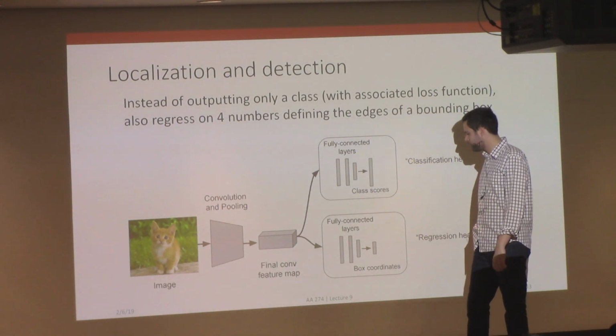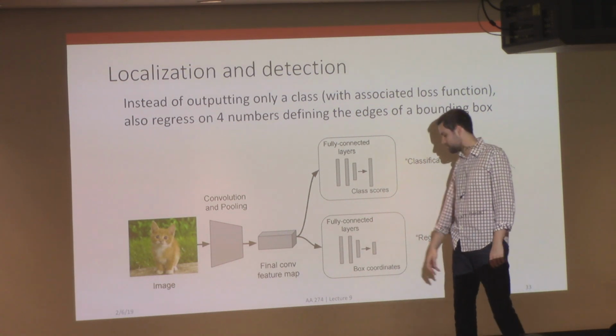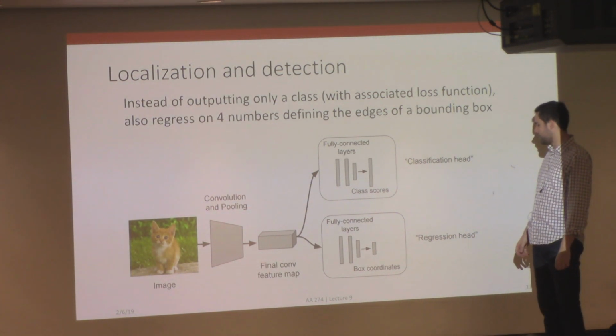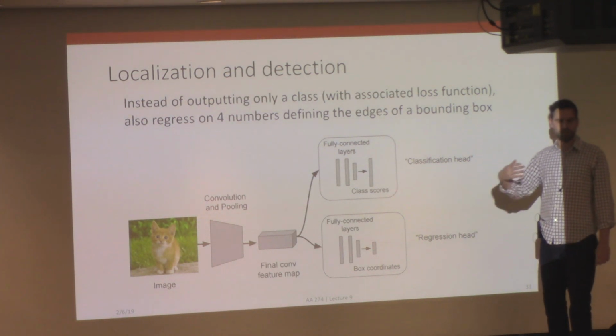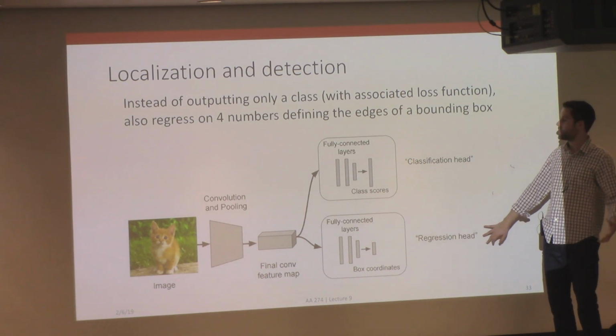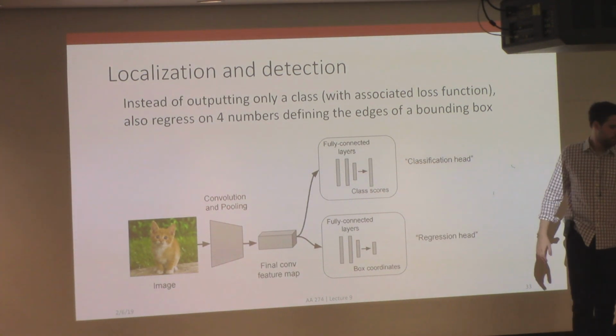In the other, you have the same fully connected layers, but your output of 4 numbers is regressed on, so you use L2. So you have a 2-headed convolutional neural network, and you can see what that looks like here.